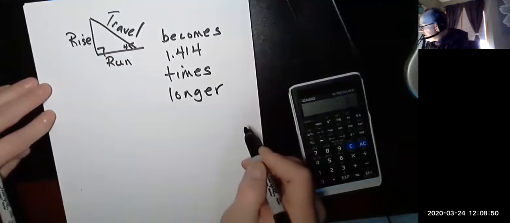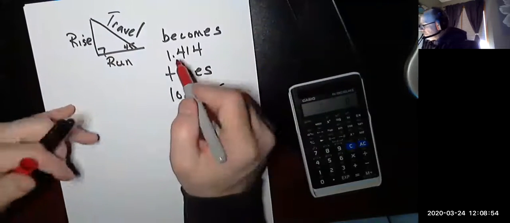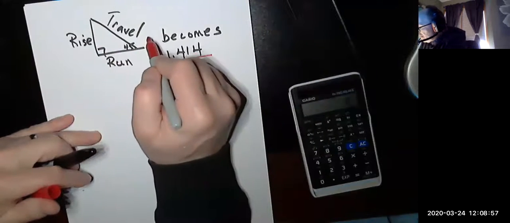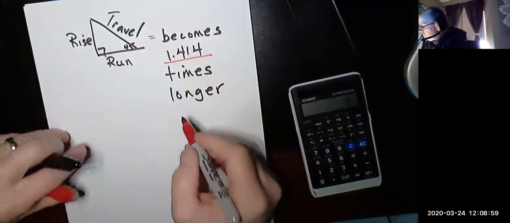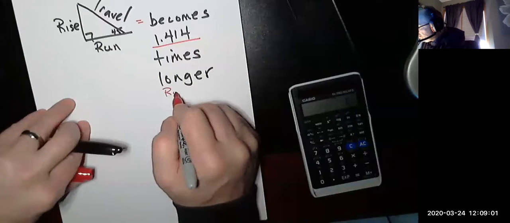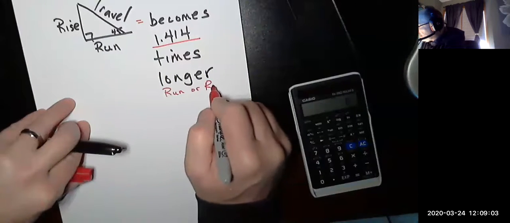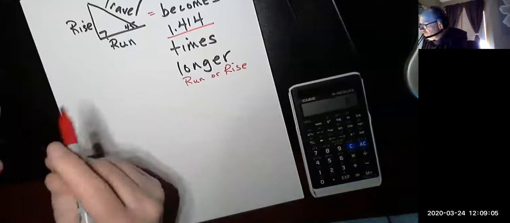We need to keep that always. That's a memorization number. We need to know that at all times, that the travel is always 1.414 times longer than the run or the rise. And we will prove that. We'll use this red marker to prove that.